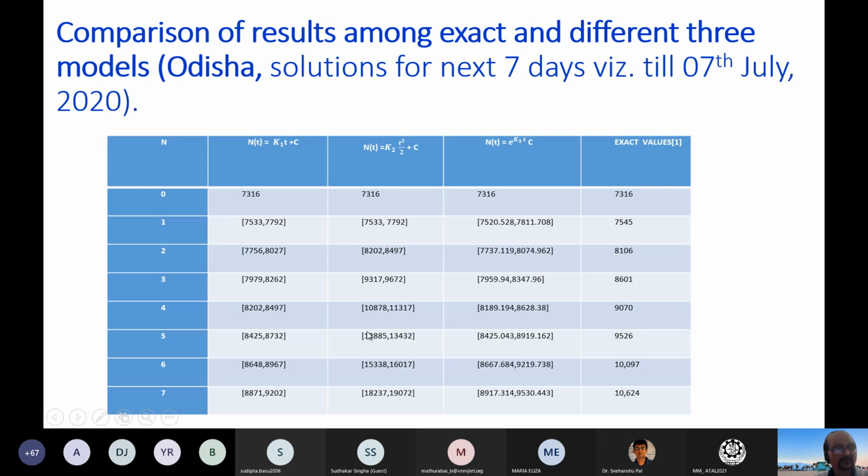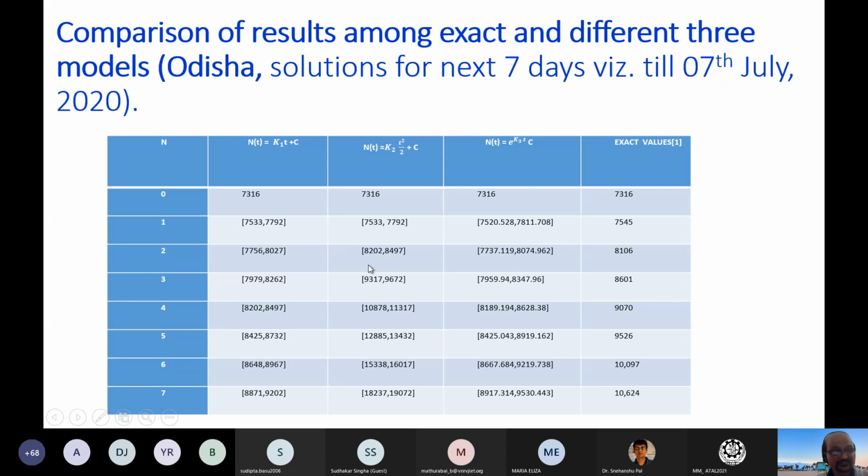These are the three models I have taken: linear, quadratic, and exponential type. These are the exact values, and these are the interval forms of the number 7545 on 1st July. So this 7545 belongs to this interval, 7520 to 7811.